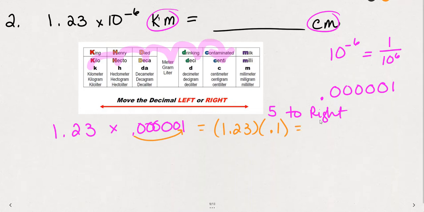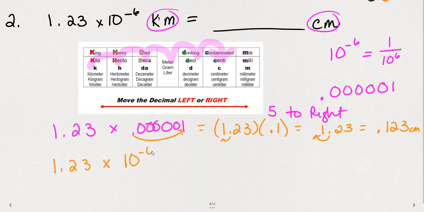You could do this on a calculator to get it also, but it would mean moving this decimal, multiplying by 1/10. I'd move this decimal to the left now, so 0.123 centimeters.